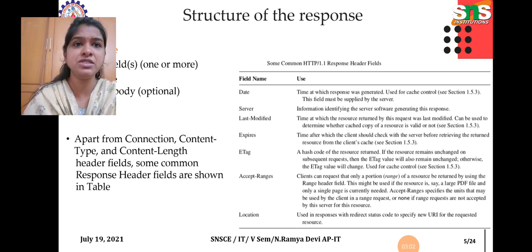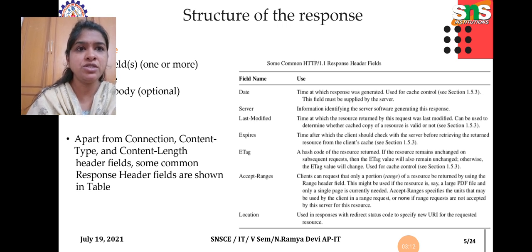Here in the first line we have the HTTP version, and then the status code, and the success message, and after that the date at which the response was generated, used for cache control.